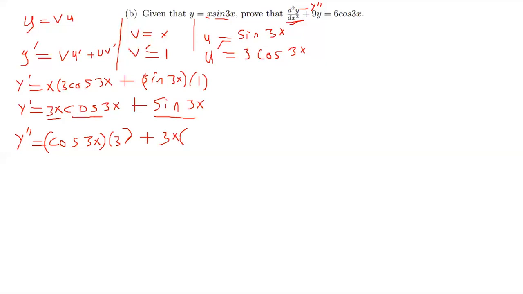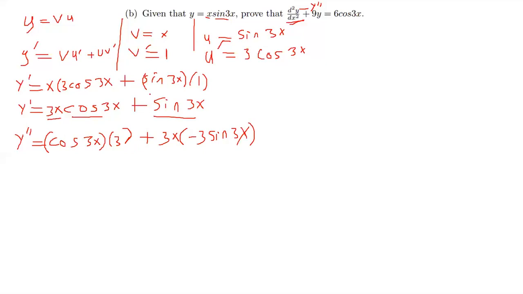V prime is just the derivative of cos 3x, which is negative 3 sine 3x. Here it's just a matter of simplifying again.